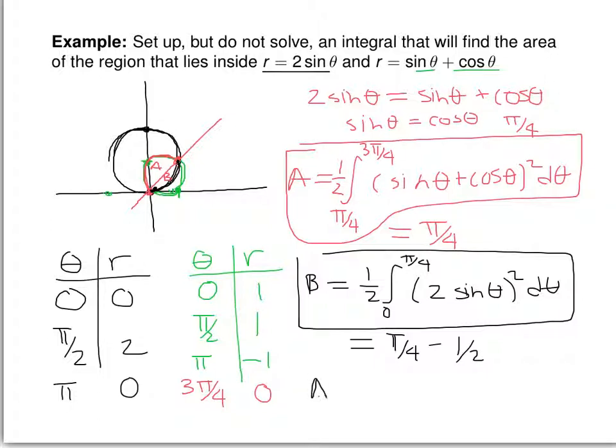So your total area is A plus B, which will work out to be pi over 2 minus 1/2. So it probably won't get that tricky, but the areas in this system are a little bit complicated.